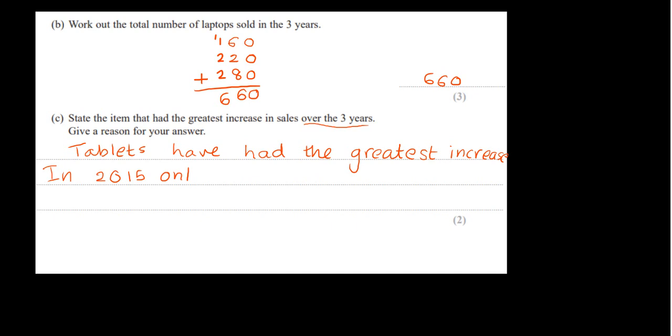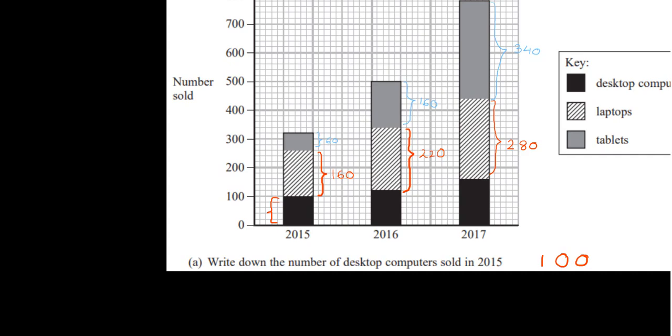I'm using a tablet right now to write, but not the kind of tablet that is mentioned over here. What year was this? 2015, right? 2015. Yeah. In 2016, they were 160.